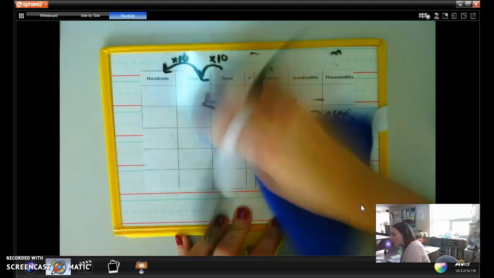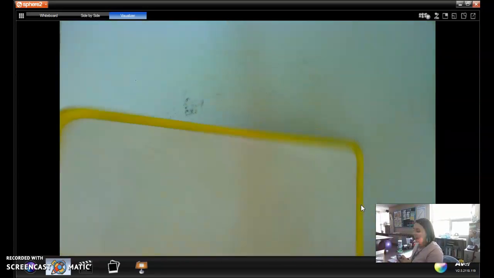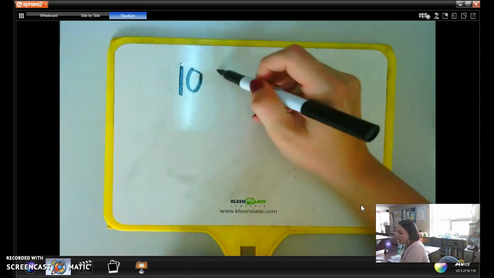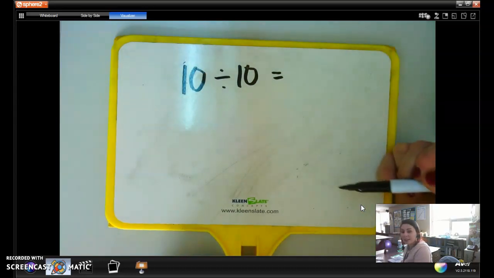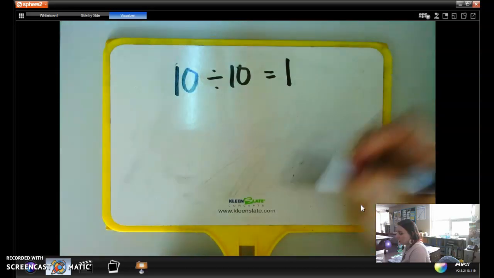So let's say I wanted to decrease a number by 10. If I have 10 and I'm dividing it by 10, I'm actually going to get a value of 1, because 10 goes into 10 one time.